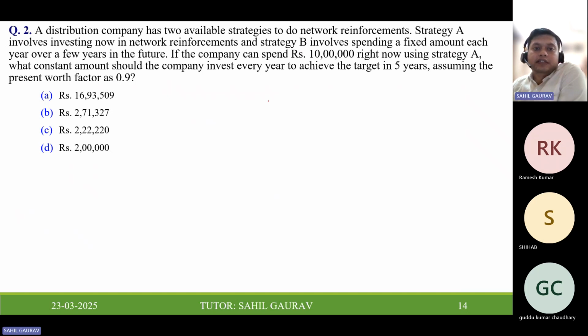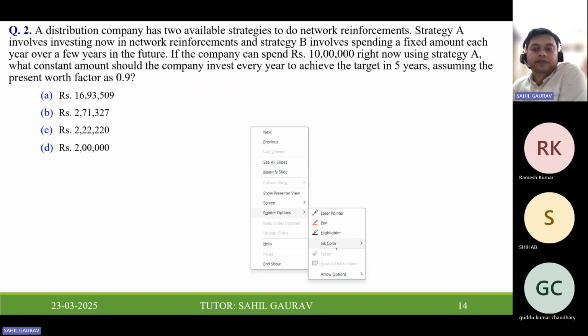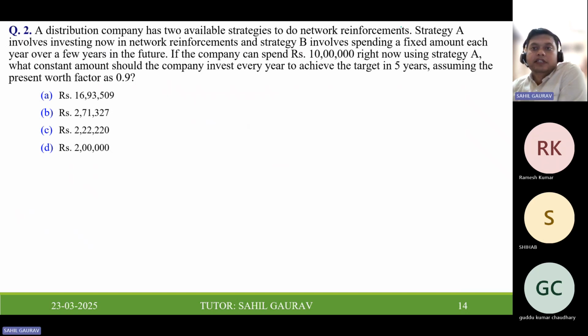So there are two strategies they can follow. Strategy A involves investing now, that is, you need to invest at the present moment of time. Strategy B involves a fixed amount each year over a few years in the future.